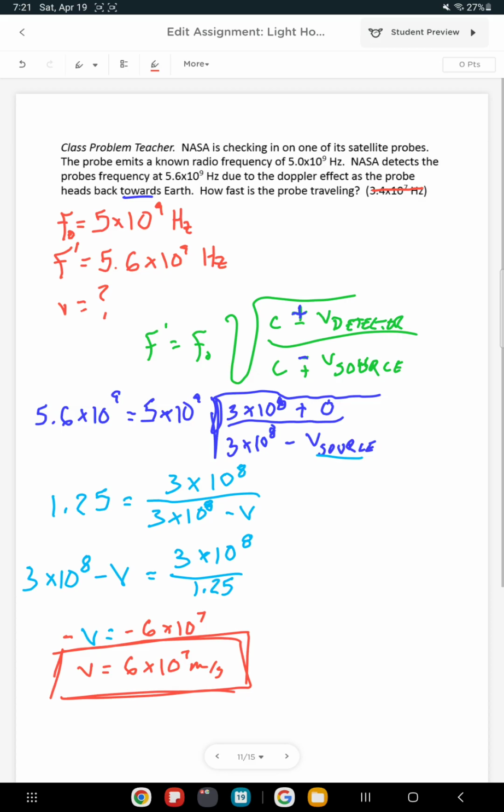There is another form of this equation that handles super small frequency shifts, but it gives you an estimate. I just avoided that by giving you numbers with very small frequency changes so that you could get a realistic number. There is another equation that is actually used for that, but we're just going to stick to this one.